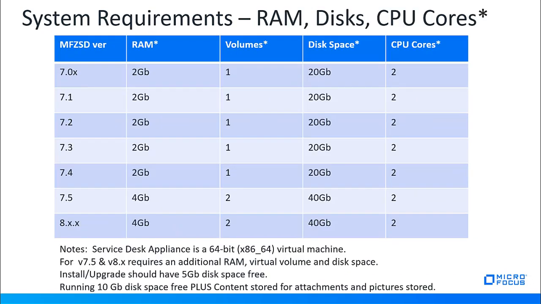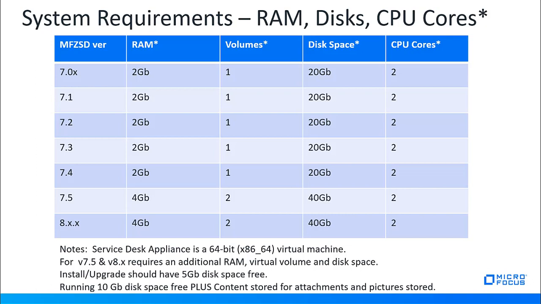System requirements for RAM, disk, and CPU cores. You can see starting with 7.5, the Common Appliance Framework, we've upgraded the RAM to 4 gig minimum, and we have the 2 volumes, obviously. If you're running an appliance, you'll need that second VA storage volume. And then the disk space has increased from 20 gigabytes to 40 gigabytes minimum, right?